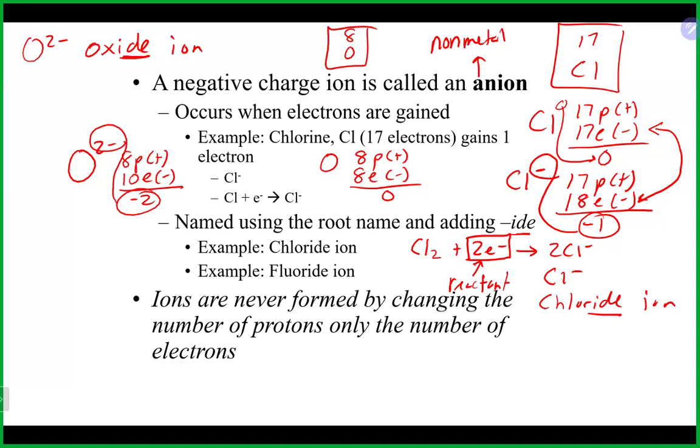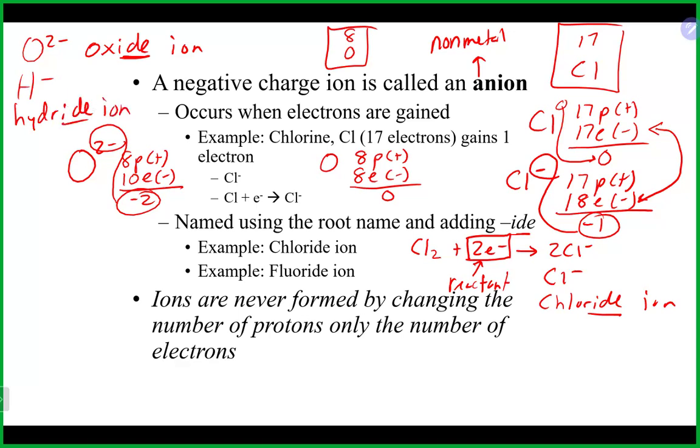By the way, hydrogen, which is a nonmetal, is one of the only elements that can go both ways. We saw it earlier as positively charged. In certain cases, hydrogen can be negatively charged as well, and you would have something like H minus, which would be the hydride ion.